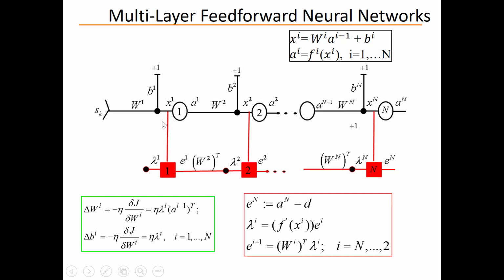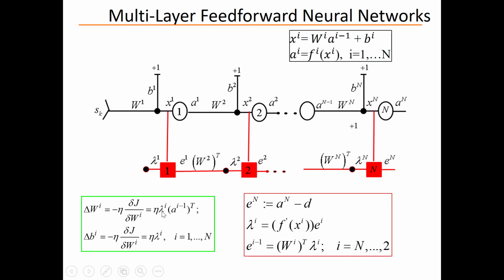Again, this is going to be laid out nicely: every weight or bias that you have here is going to be obtained. Let's look at W2, for example. It will be obtained by an outer product of lambda 2 vector with A1 transpose.